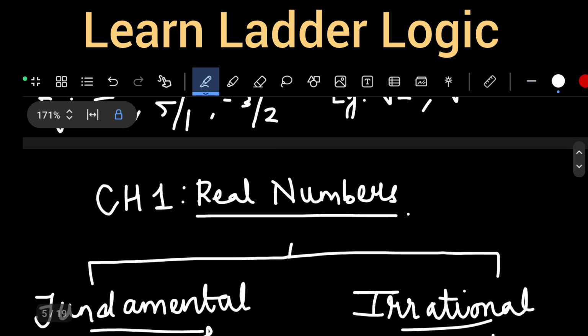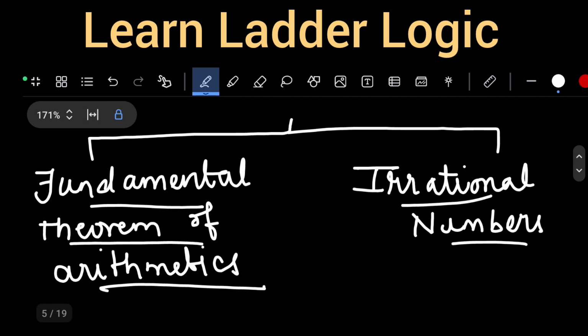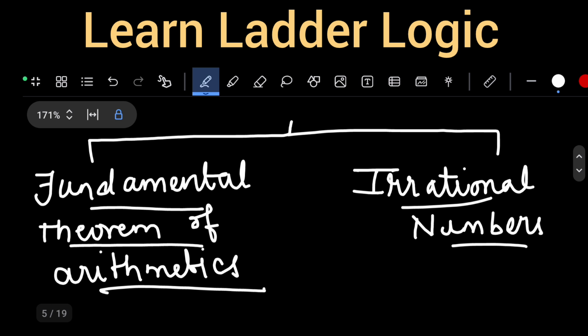Now let us go to the chapter which we are learning, the real numbers. Chapter 1. This chapter is divided into two subtopics, the Fundamental Theorem of Arithmetic and Irrational Numbers.